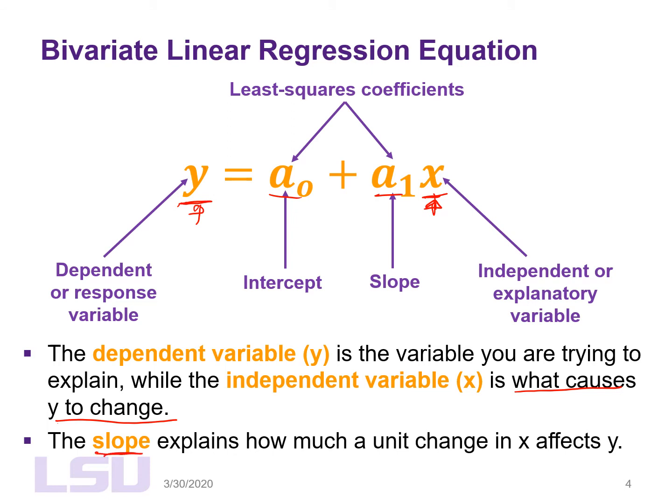The slope explains how much a unit change in x affects the change in y. So that's what the slope does. If the slope is large, then the change in x will result in a large change in y, and vice versa if it is small.